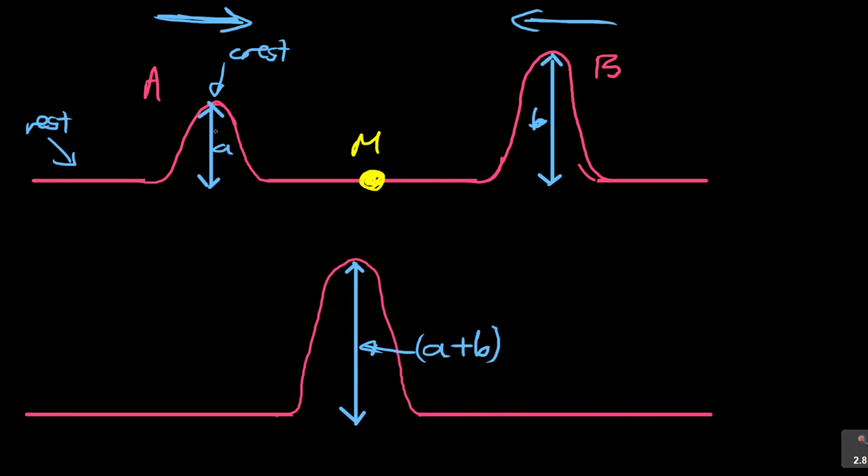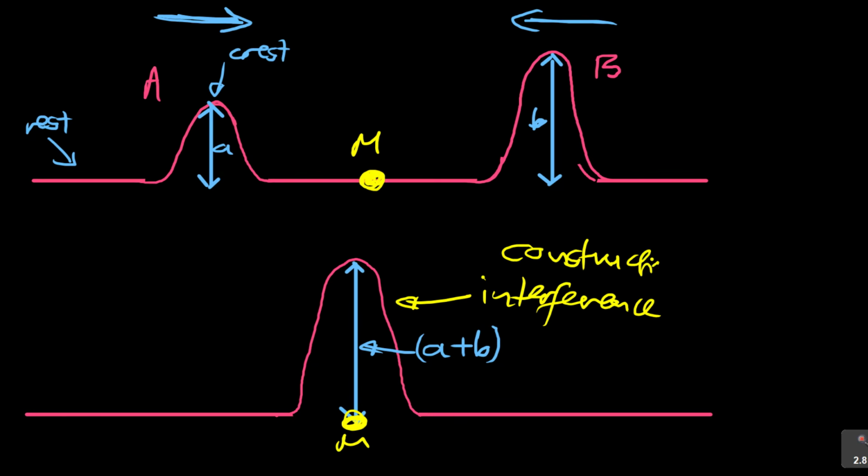So you are taking the pulse A, you're taking the pulse B. So where they meet, which is that point M, remember we called this point M. This meeting or the combining together, we call it interference of the pulses, but it's got a special name. We call this one constructive interference. Constructive interference.